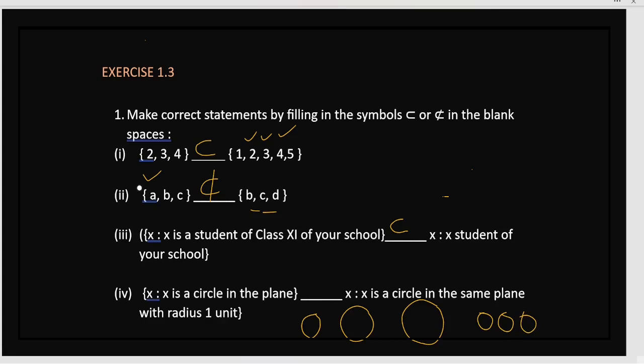Is it a subset? This is not a subset, because x is a circle in the plane, and all these circles do not belong to the circles with a radius of 1.